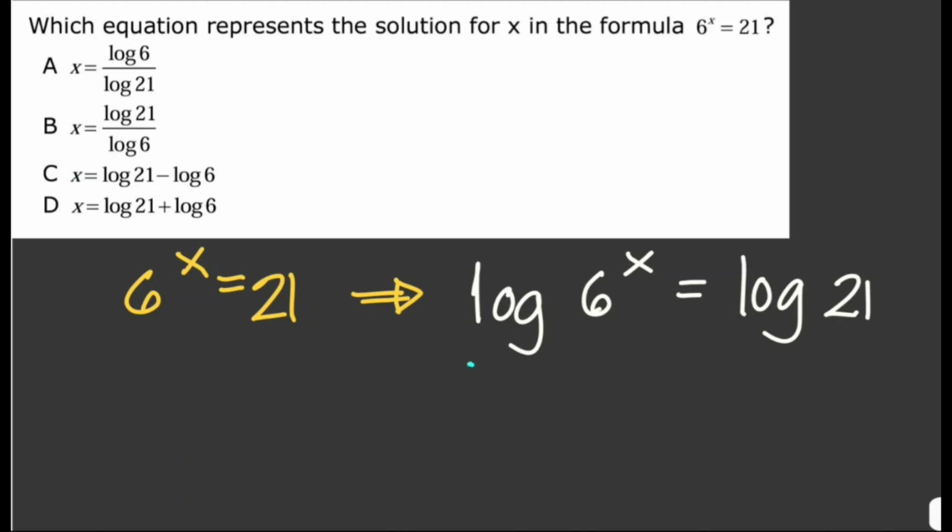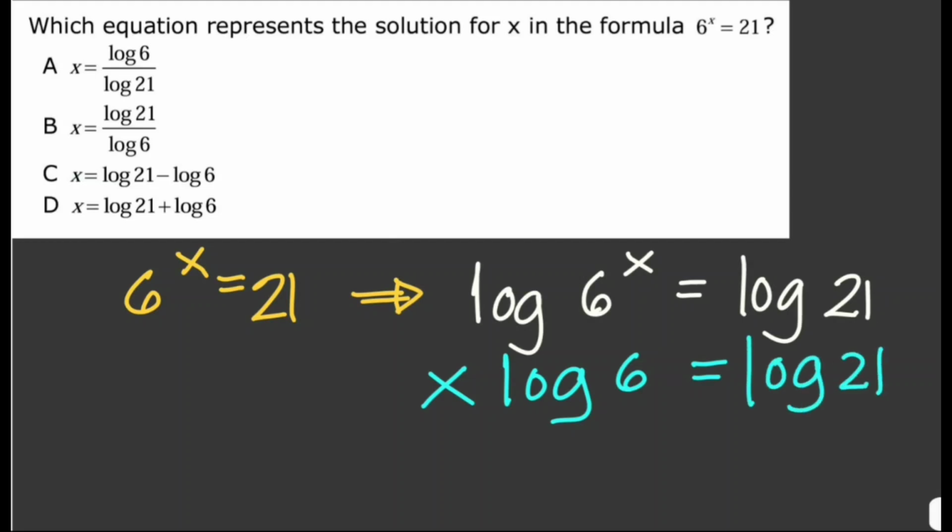Now for the logarithmic expression on the left, we can use the power rule of logarithms, which states that the logarithm of a number raised to a power is equal to the exponent multiplied by the logarithm of the base. Therefore, logarithm of 6 to the x can be written as x logarithm of 6 equals logarithm of 21.